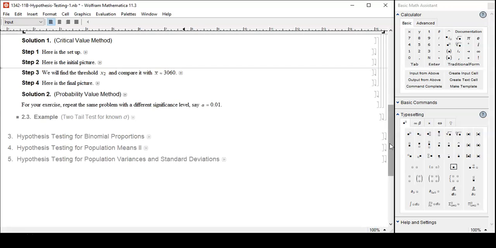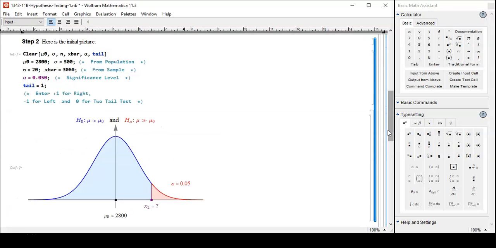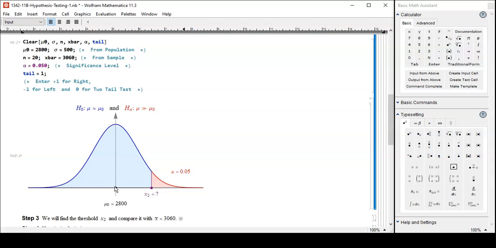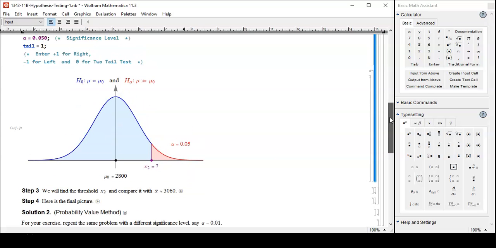Okay, let's go back. And here is a better picture. 2800, and then we are looking for this value where here is 5%. That's the alternative region, and the null region is 95%. Now, if we find out this X value, basically we are done. So let's find it out. How do we do that?